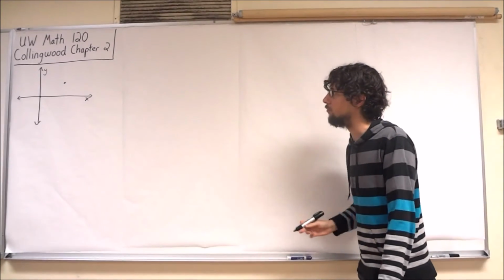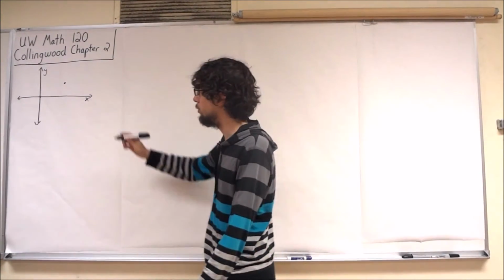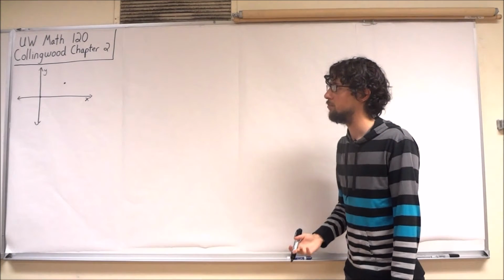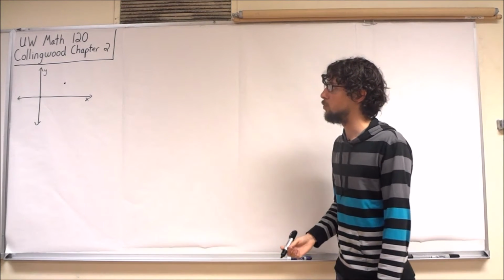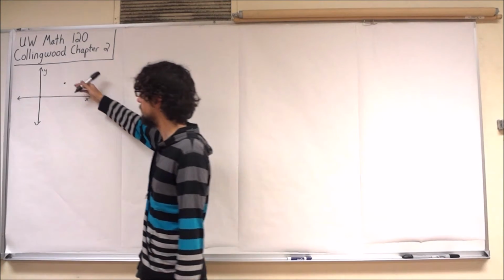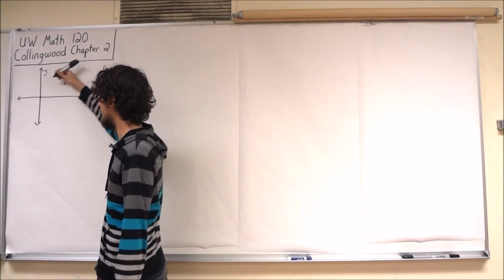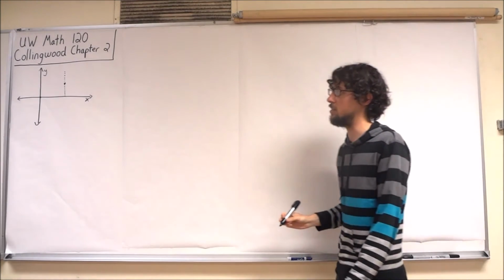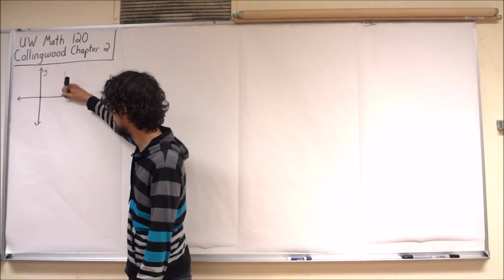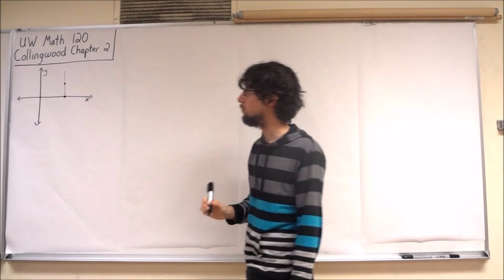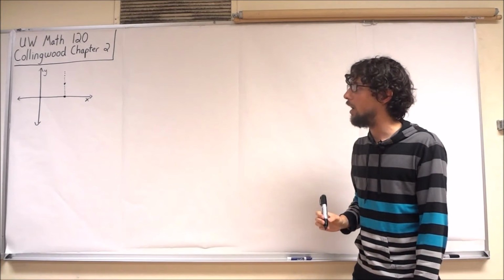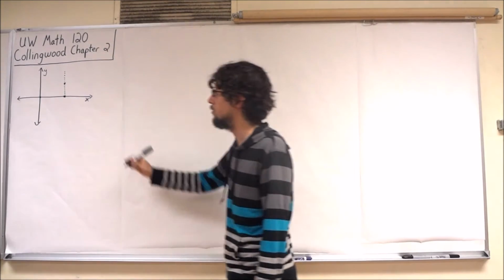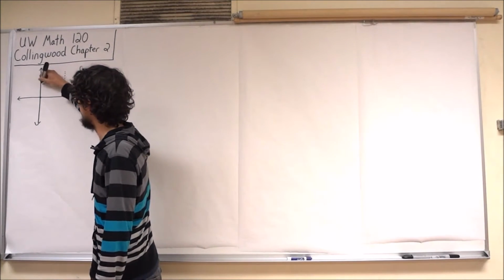Well, in order to introduce a numerical notation for this point, what we'll do is we'll draw a line that's parallel to the y-axis, and notice that it hits the x-axis in specifically one point. And we'll draw a line parallel to the x-axis that goes through our point in question.